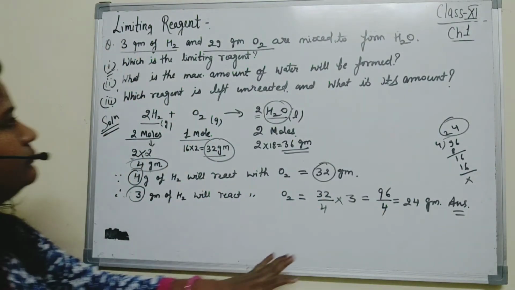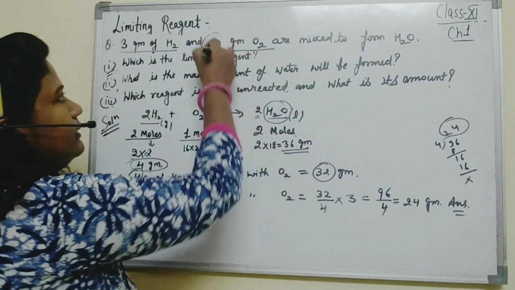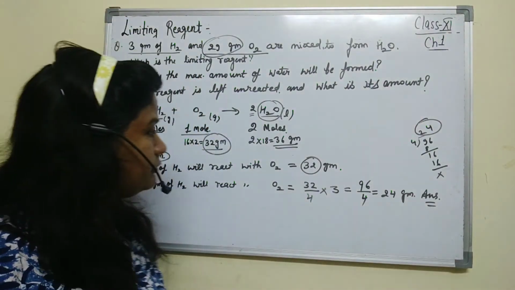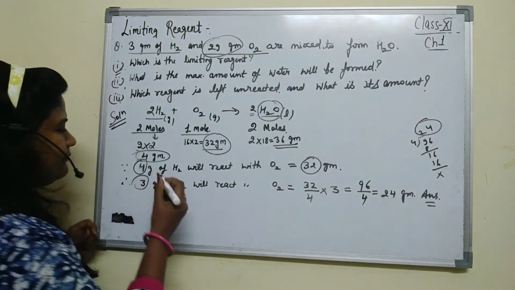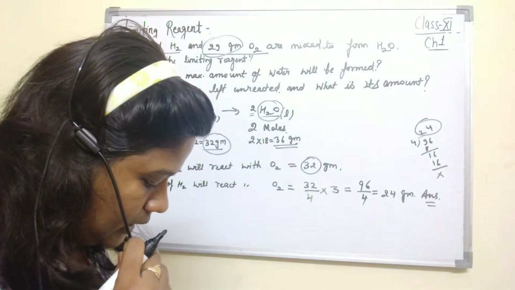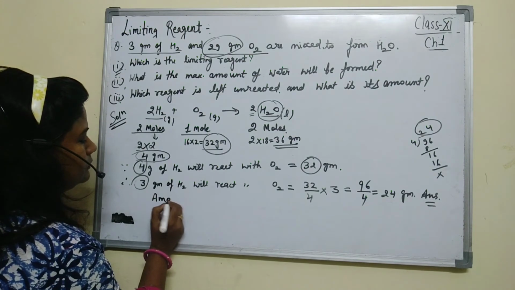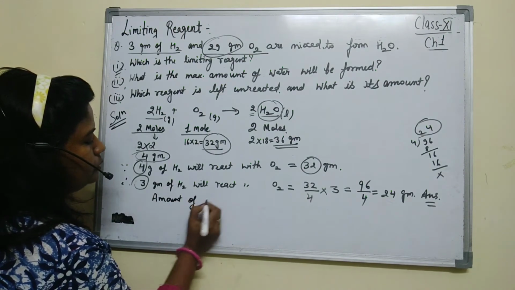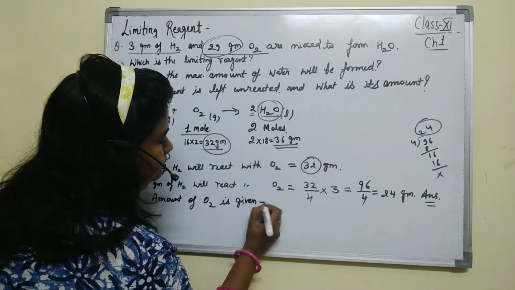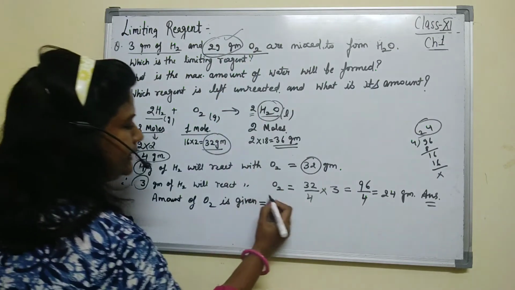Okay. So 24 grams of oxygen is reacting with the 3 gram of hydrogen. Correct? And what amount is given in the question? 29 gram. Yes, the amount of O2 given to you is 29 gram.